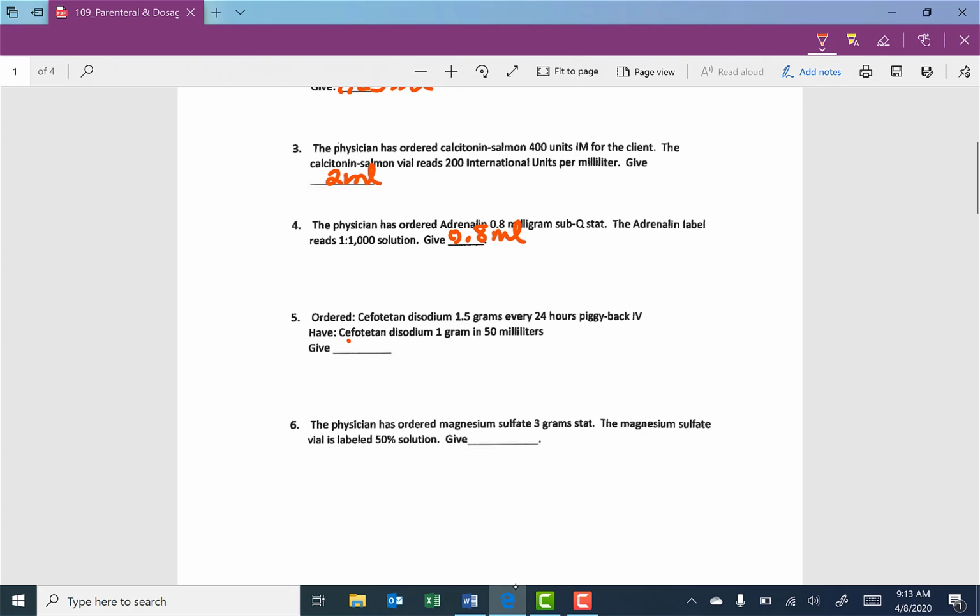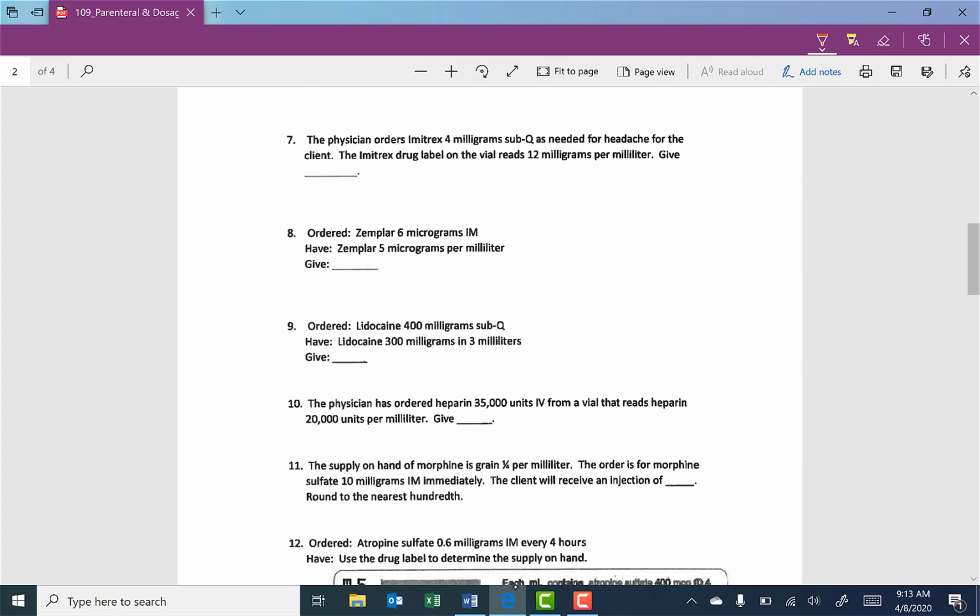Number 5 is 75 milliliters. Number 6 is 6 milliliters. Number 7 is 0.33 milliliters. Number 8, 1.2 milliliters.